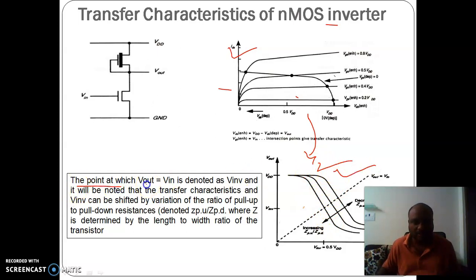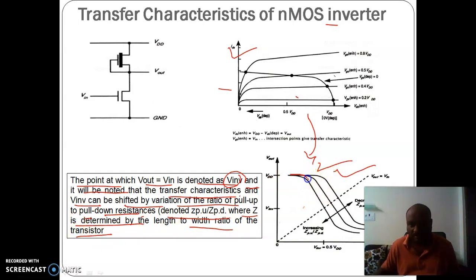The point at which Vout is equal to Vin is denoted as Vinv, and it will be noted that the transfer characteristics and Vinv can be shifted by varying the ratio of pull up to pull down resistances, denoted by ZPU by ZPD, where Z is determined by the length to width ratio of the transistor.